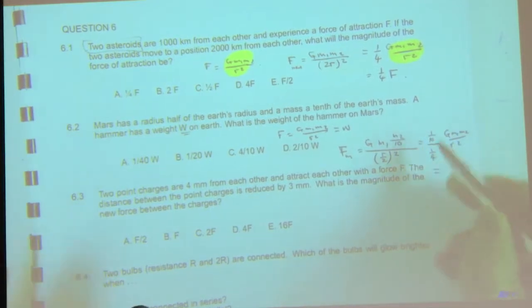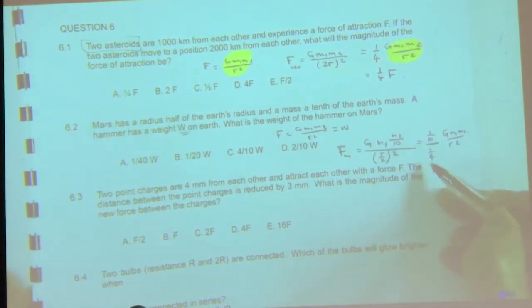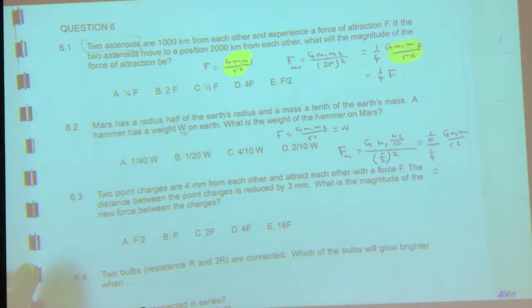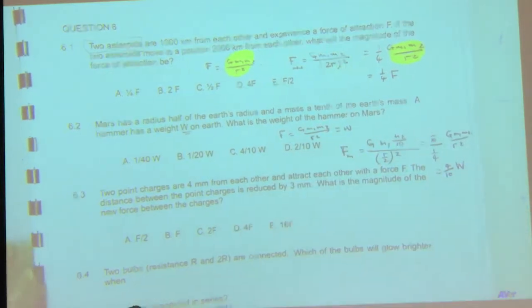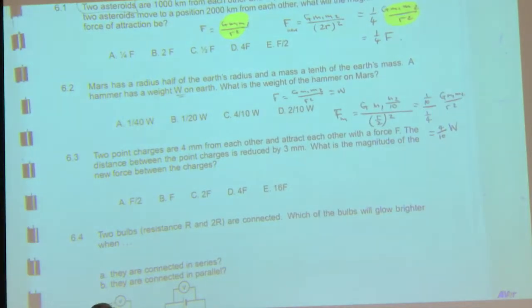Now, what do you do when you divide by a fraction? Multiply by the inverse, and then you end up with 4 over 10. And the rest is just what we used to have as the force, which is W. So it's replace, and then look at it and see if you can make it into a neater fraction there.